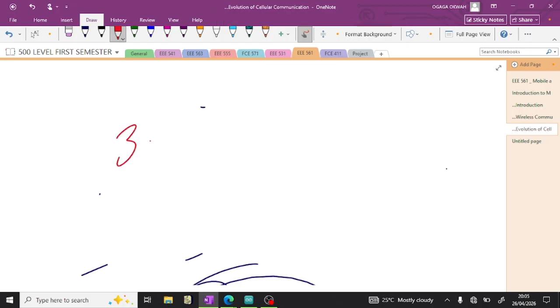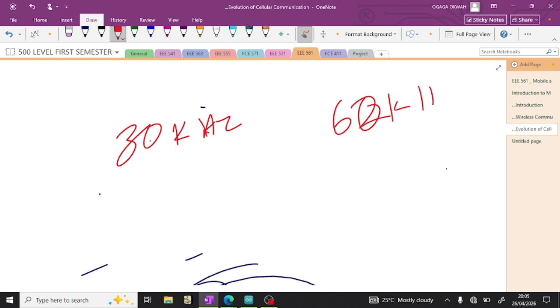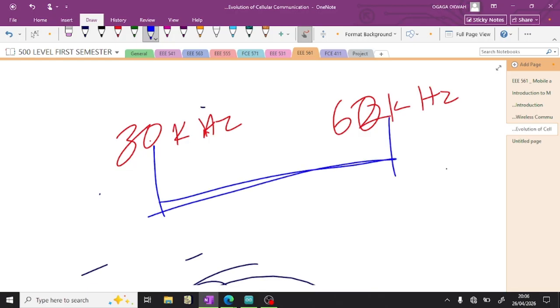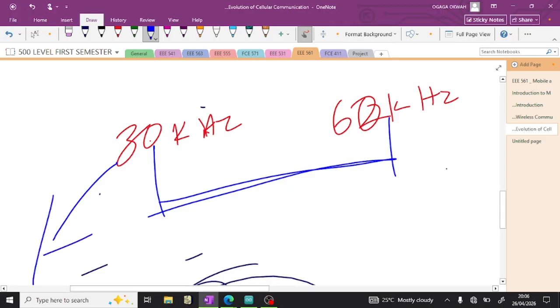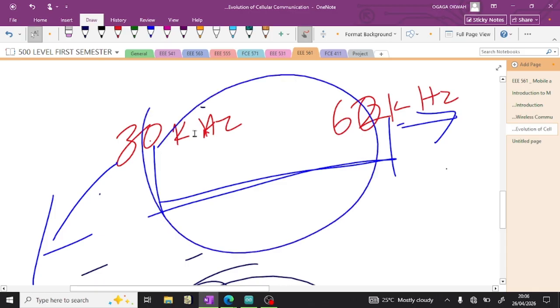Let's say you have 30 kilohertz and then 62 kilohertz. The bandwidth just means from this frequency to this frequency. Anything lower than 30 is outside the bandwidth, and anything higher than 62 kilohertz is outside the bandwidth. This is the idea of bandwidth: just a range of frequency.